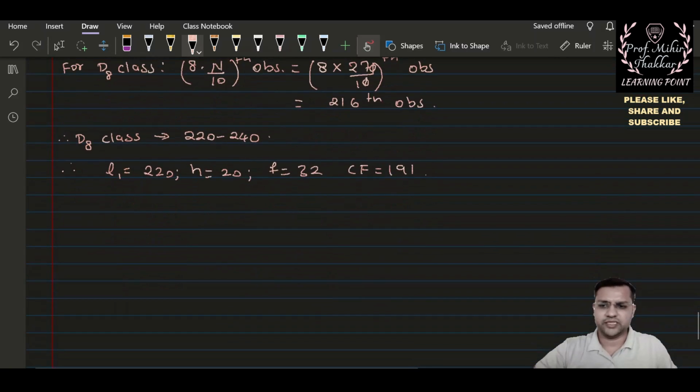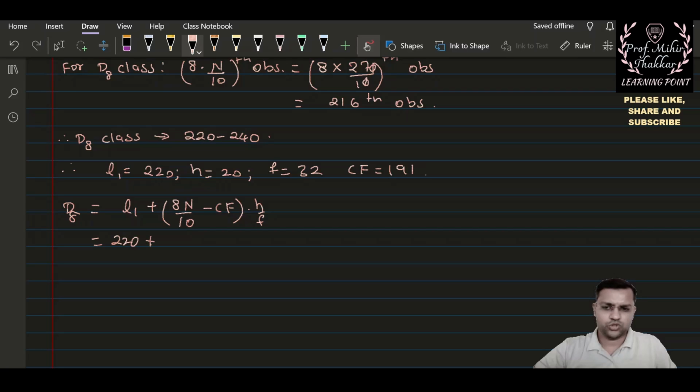Okay, so when you write the formula, D8 is equal to L1 plus (8n upon 10 minus cf) multiplied by h by f. So 220 plus 216 minus 191, h is 20 divided by 32.